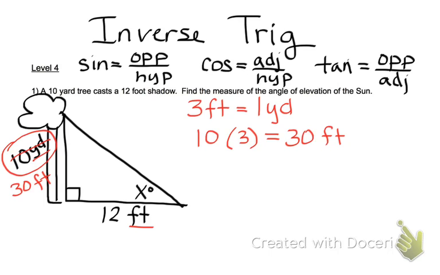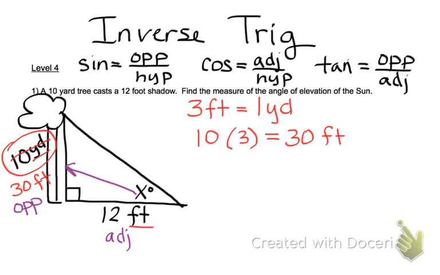Now I need to decide which trig function I'm going to use. From X, I go across the triangle, and that's my opposite side. Right next to it is my adjacent side. The trig function that uses opposite and adjacent is going to be tangent.